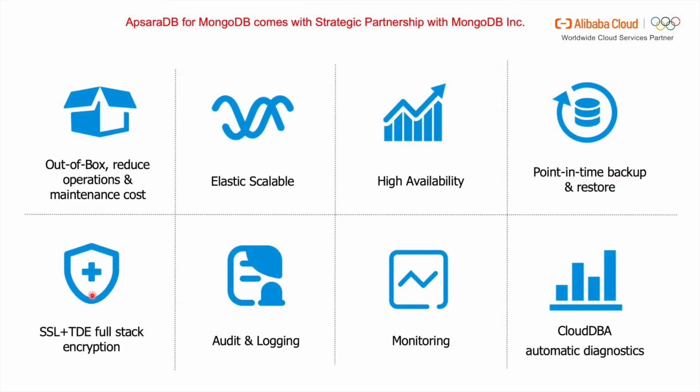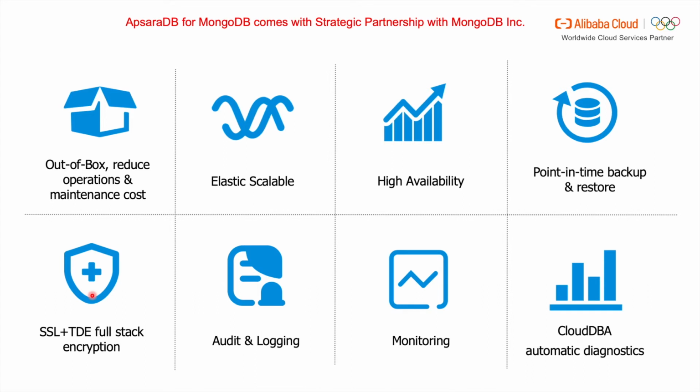ApsaraDB for MongoDB comes with a strategic partnership with MongoDB. When I say strategic partnership, I mean that if you go to some other cloud vendors, you cannot have MongoDB as a managed service. If you go for AWS, Google, or Microsoft Azure, you can only use their infrastructure, and then you have to deploy the Atlas part of MongoDB, which is not a managed service.